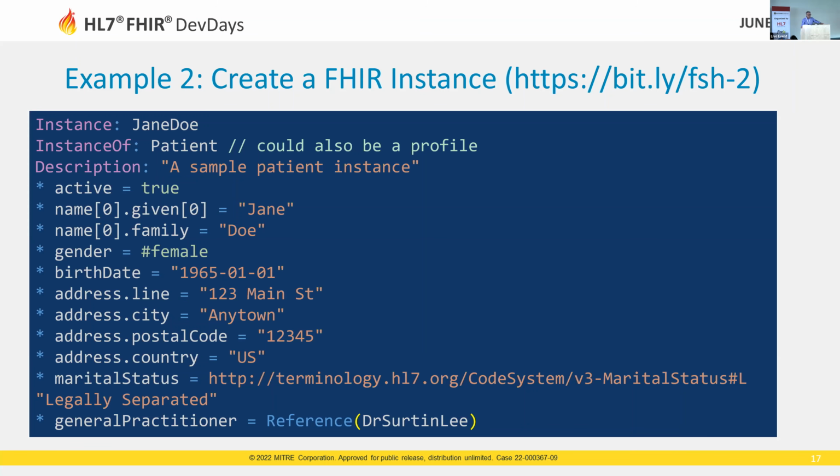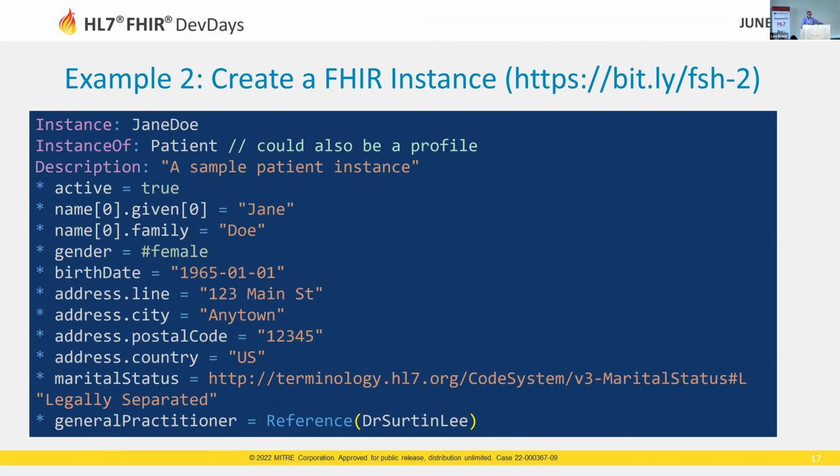Then it has a set of equals signs. So you'll see the path on the left, and then an assignment to some value. And that's what you do in instances. You basically fix values of different elements within your structure. So we're saying this is an active patient. We're saying that the first given name is Jane, the family name is Doe.